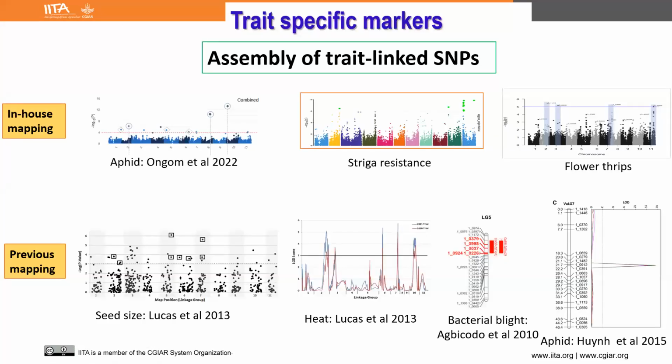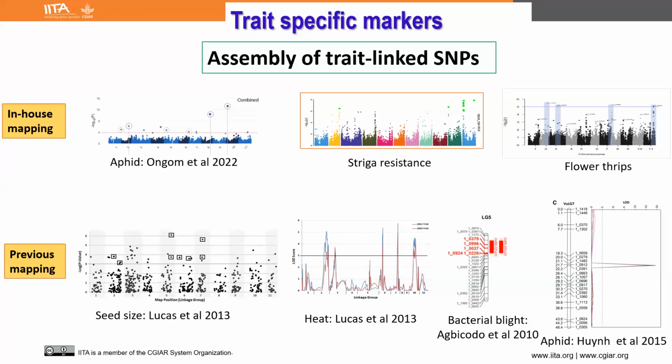Still on the low density marker panels, we started by assembling traits that have been mapped. Some we did in-house GWAS mapping, and then there are those that were previously mapped and from literature.